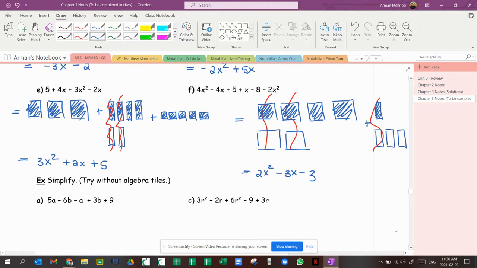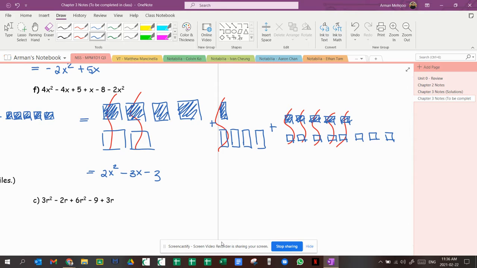What have we been doing with our algebra tiles? Just to kind of summarize, I've been collecting things which are the same. So, for example, in this question, I collected all of my x squared terms.